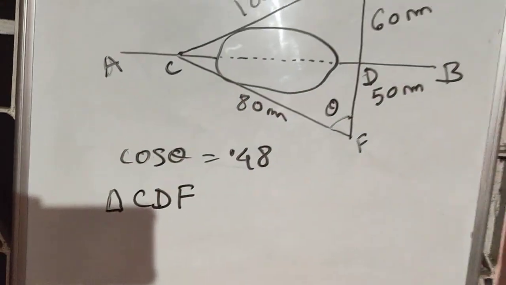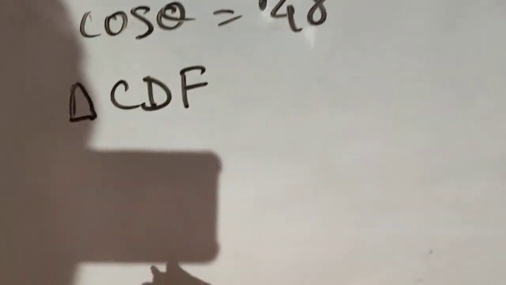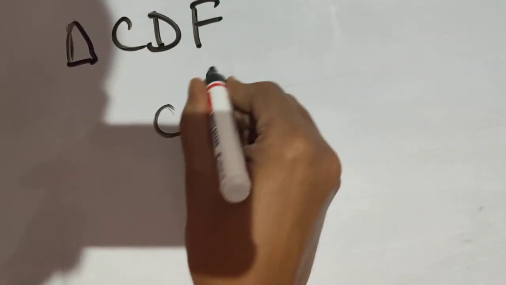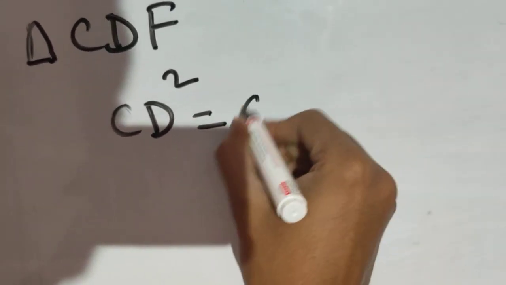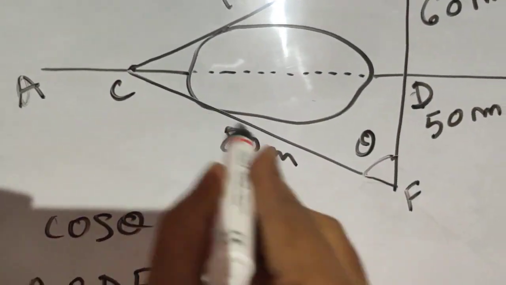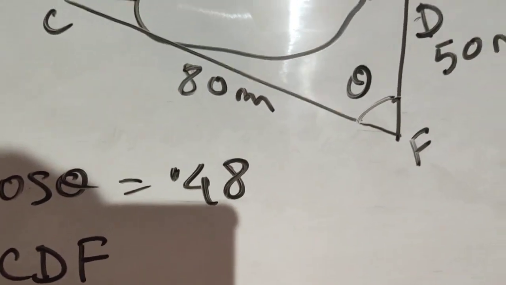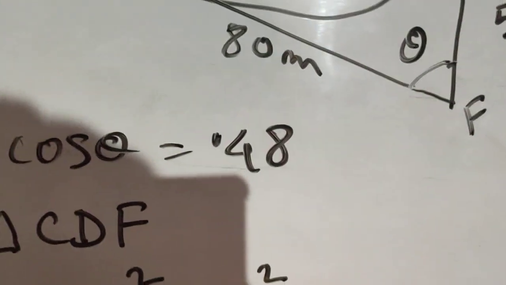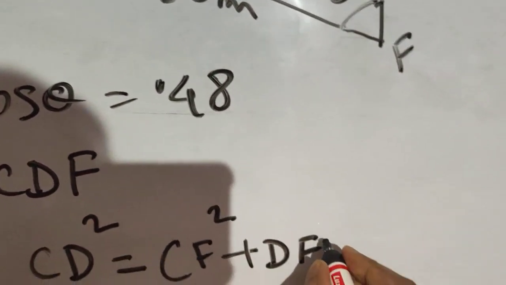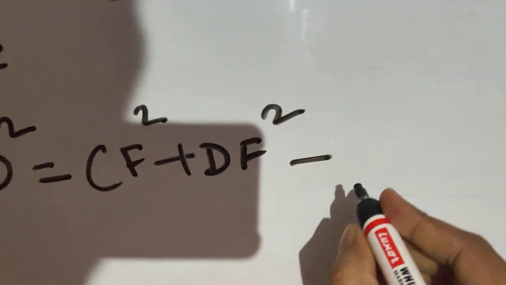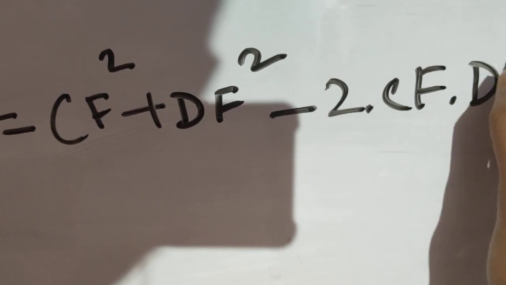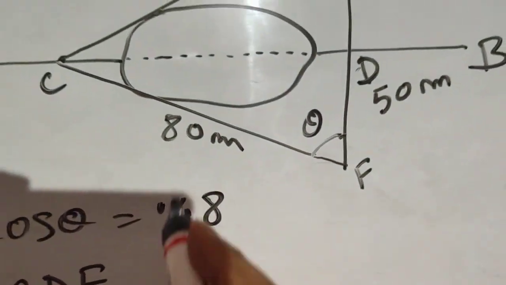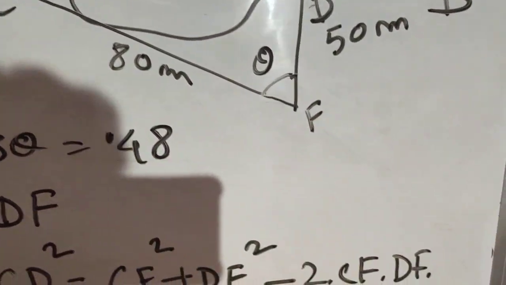Again, by applying cosine rule, just like the earlier triangle, we can write CD square is equal to CF square plus DF square minus twice CF DF cos theta.